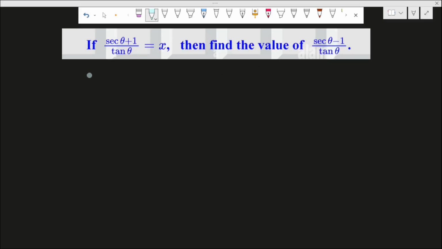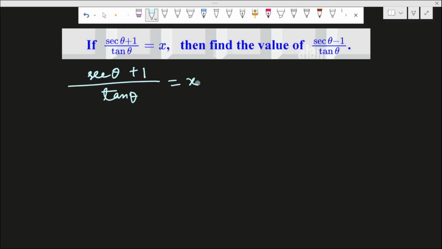In the equation, sec theta plus 1 by tan theta is x. From this equation, using the trigonometric formulas, we have to find out sec theta and tan theta. To find the expression's value, we have to find both.